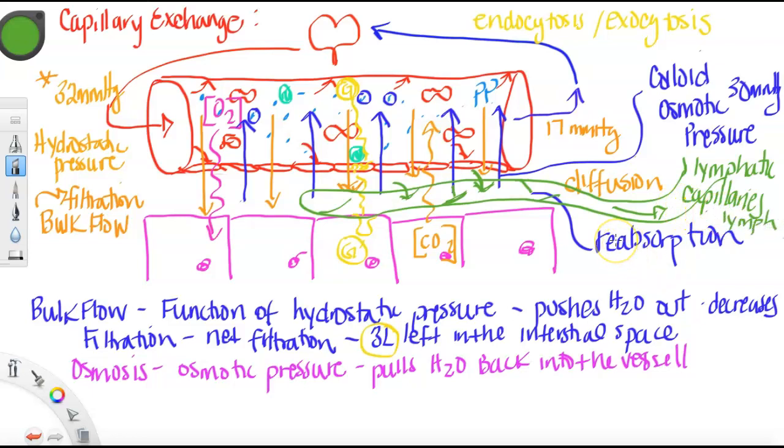And then it takes that lymph back to the heart and dumps it in there, and it can re-enter the circulatory system that way. All right, so that's basically capillary exchange. That's the end of this chapter, I think. We'll start on the next chapter.